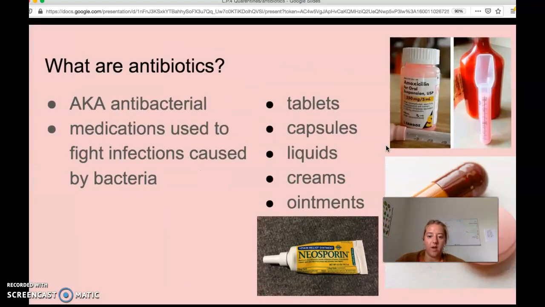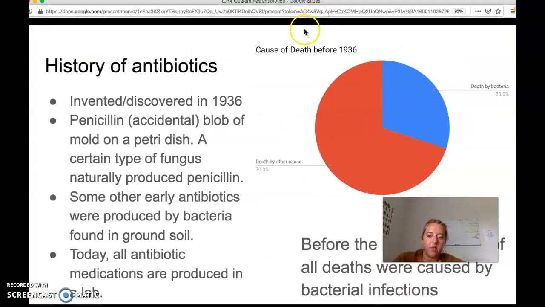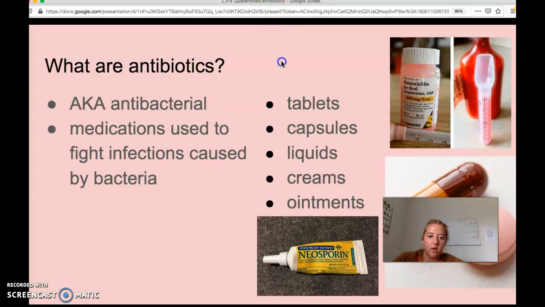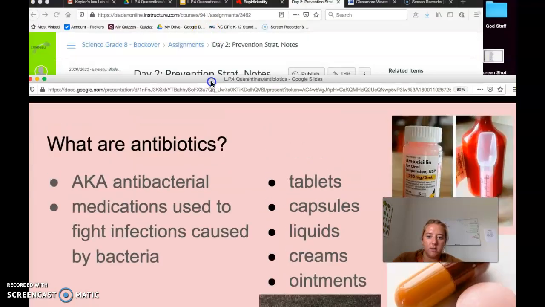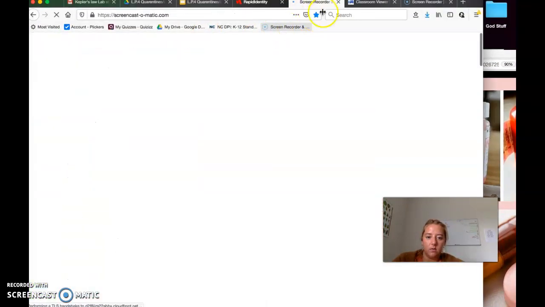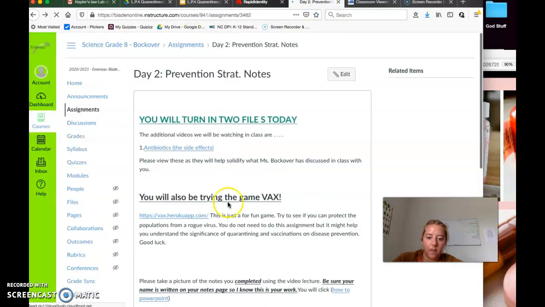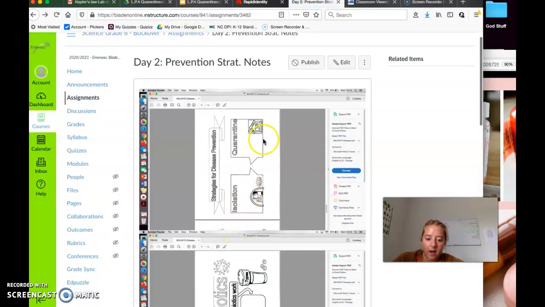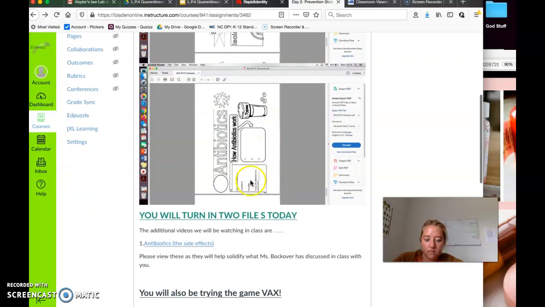But we're learning about antibiotics right now. Antibiotics, aka antibacterial. Write that down in your notes, right here or somewhere.